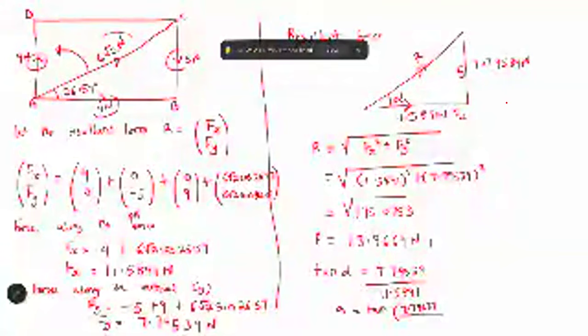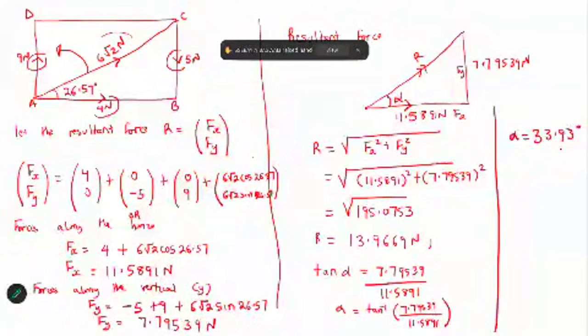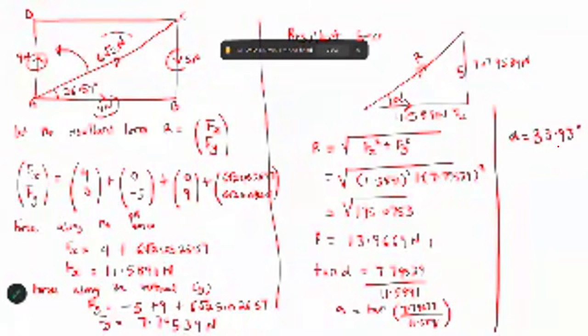When you divide the two and take tan inverse of that, I'm getting 33.93 degrees. So then you are going to conclude and say that the single equivalent force is 13.9669 newtons in the direction of 33.93 degrees above the positive horizontal.